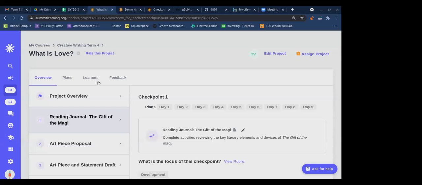All right. So again, everyone, I'm looking for you guys to have that checkpoint done by first thing Monday morning at the latest. So I'm talking about like 8 a.m. Monday, okay? So again, you can find it on Summit for our class, What is Love? Checkpoint 1 is right here.